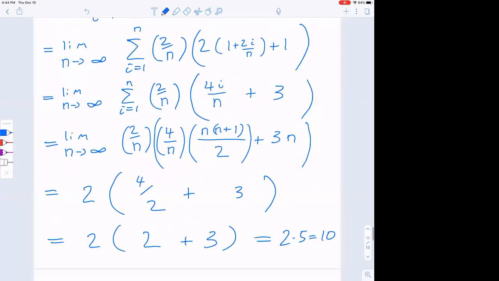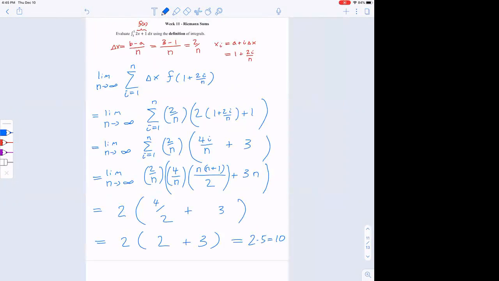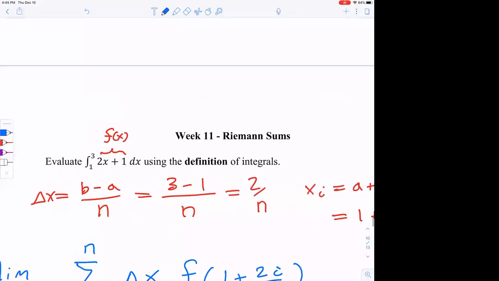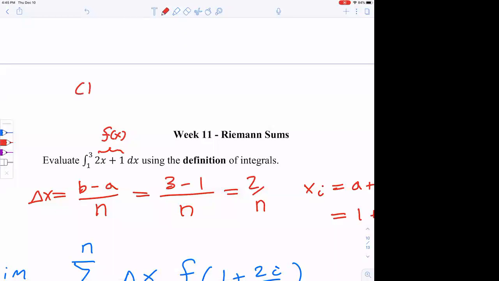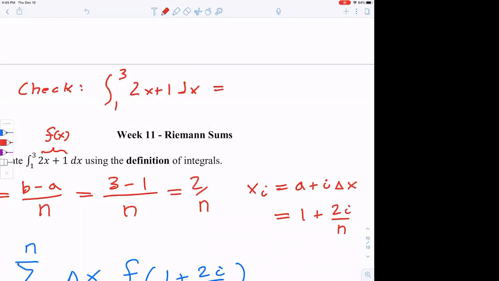Now, of course, you can check this answer by doing this integral in a faster way. We may want to just check to make sure that we got the right answer, because it's pretty quick, right? We can just do the antiderivative. If we do that antiderivative, we would get x squared plus x, and we want to evaluate that at 3 and 1.